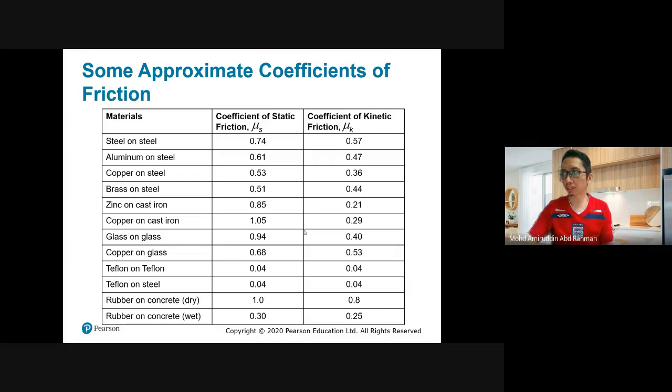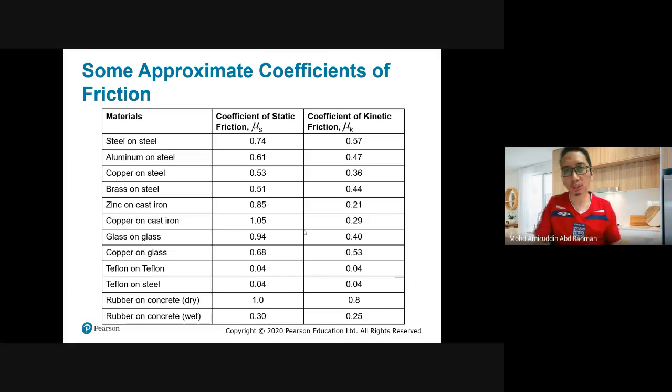So this is the coefficient of friction, and it is for different objects. When you pull a certain object on another object, for example on steel, you have the mu s and mu k over there. So the mu is the coefficient.